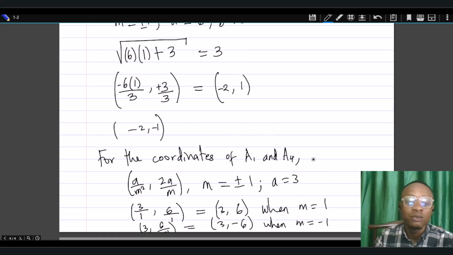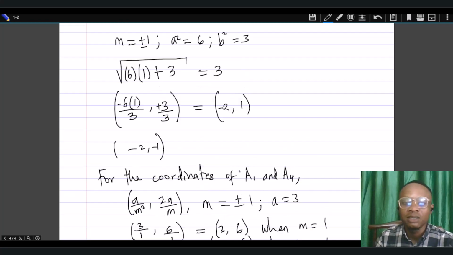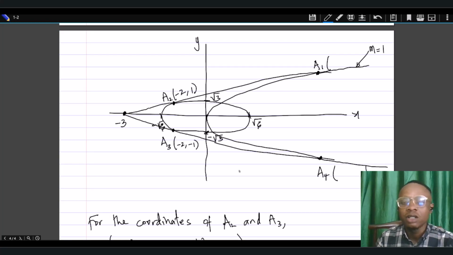So with this, we are good to go. We have 3 comma 6 and 3 comma minus 6. Which of them should go minus 6? Of course, this is the negative y portion. So this is going to be 3 comma minus 6, and this is going to be 3 comma 6. So that means this and this are on the same x coordinates.